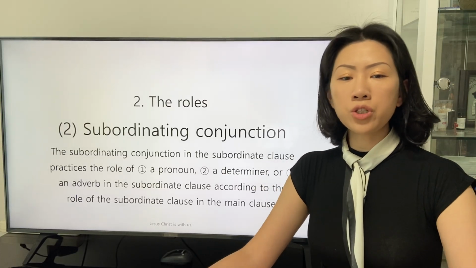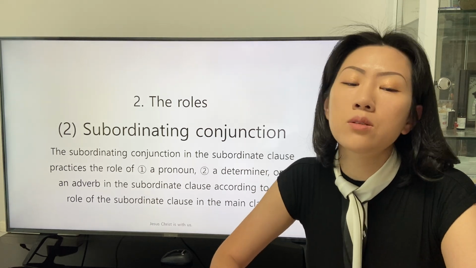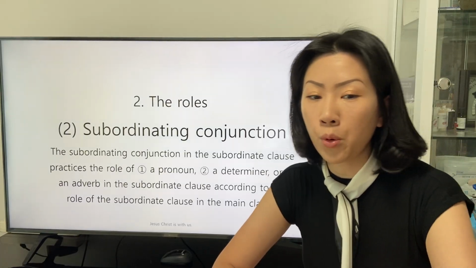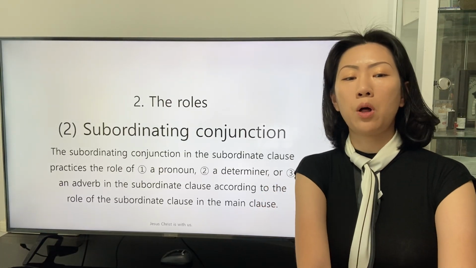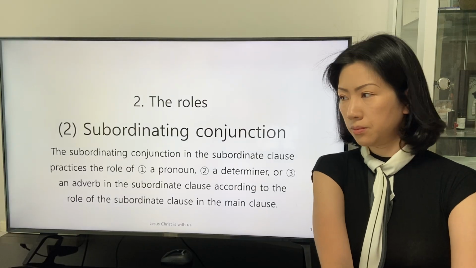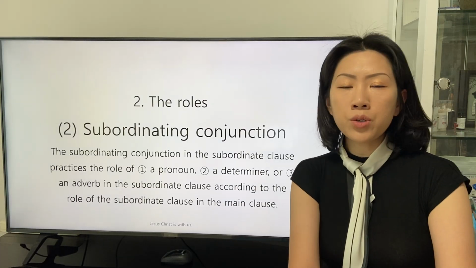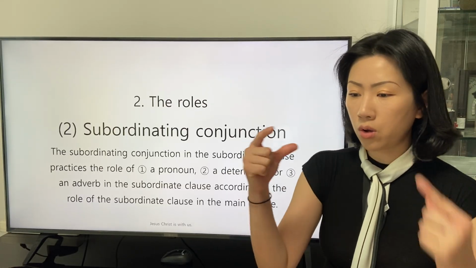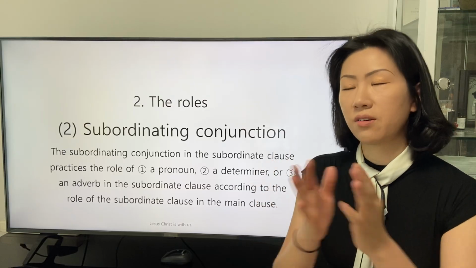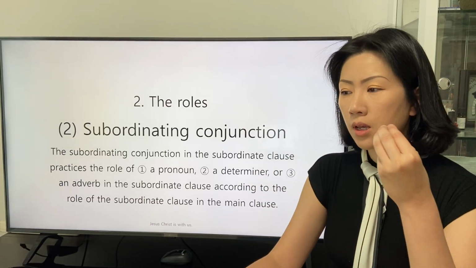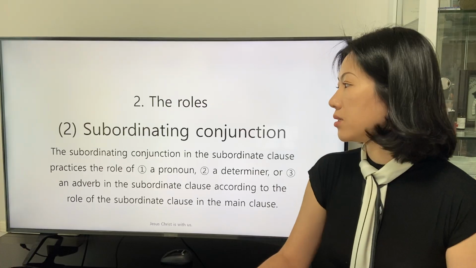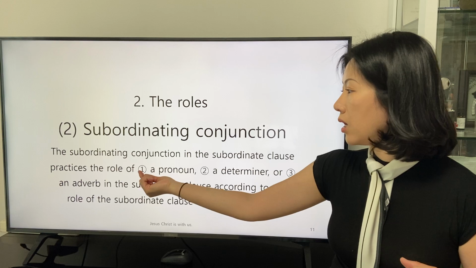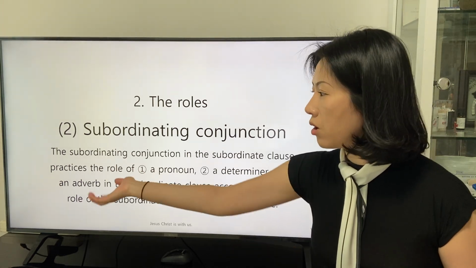The subordinating conjunction in the subordinate clause practices the role of a pronoun, a determiner, or an adverb in the subordinate clause, according to the role of the subordinate clause in the main clause. According to the role of the subordinate clause in the main clause, the subordinating conjunction has the proper trait, which is listed here: a pronoun, a determiner, or an adverb.